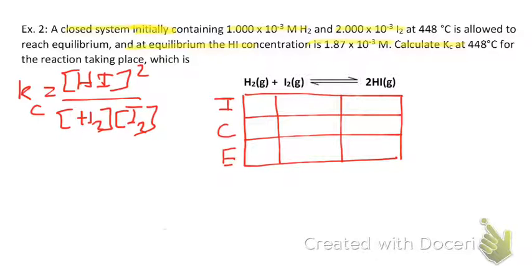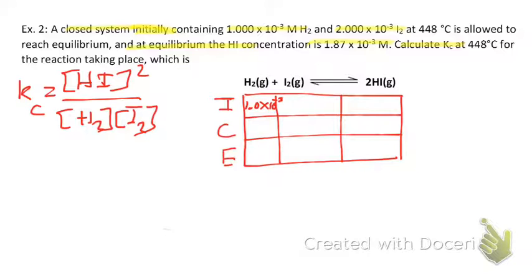So initially what goes up in these top boxes is the initial concentrations that we're going to start out with. So initially for hydrogen we start out with 1.000, and I'm running out of room, so you can put all the zeros into your box, times 10 to the minus 3.